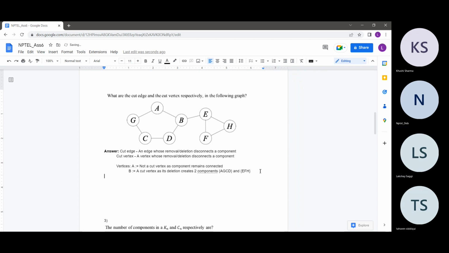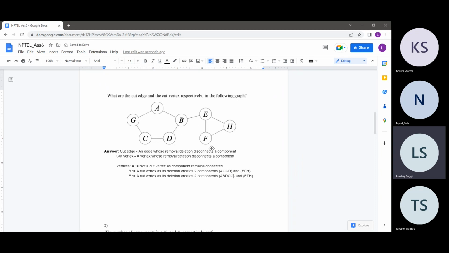So E is again a cut vertex. Its deletion creates two components, which are A, B, D, C, G, and, with E deleted, FH. So FH is another component. So again we see that E is a cut vertex.